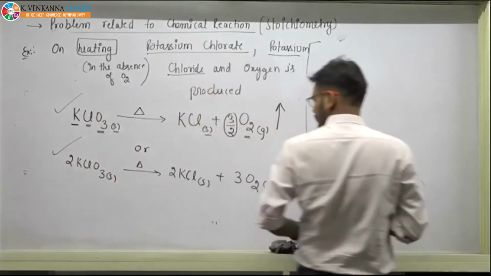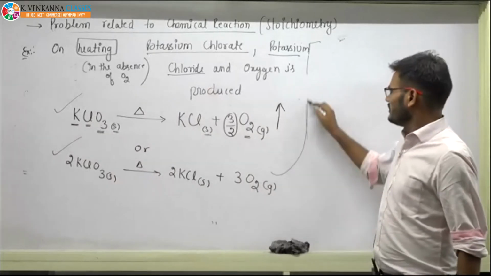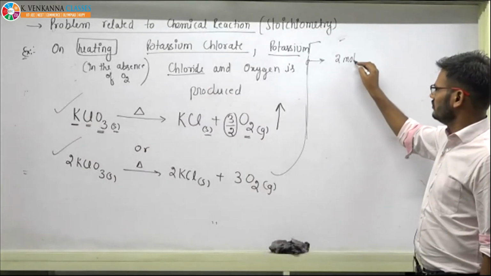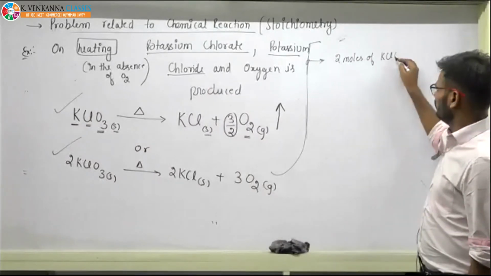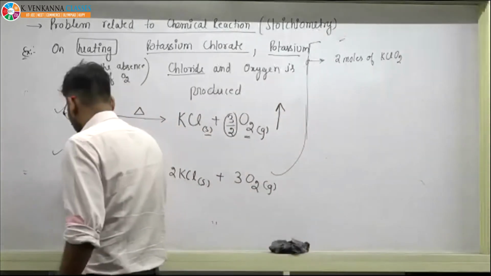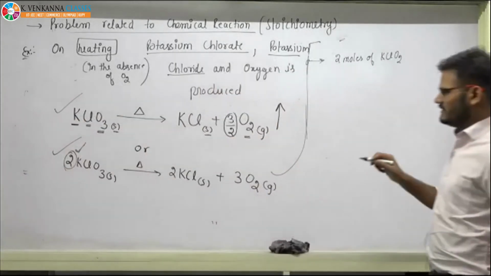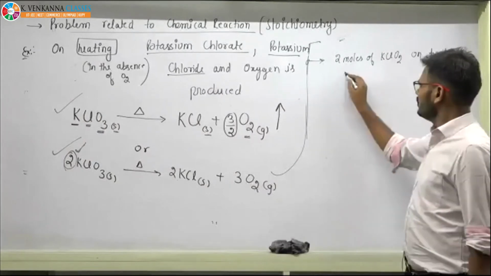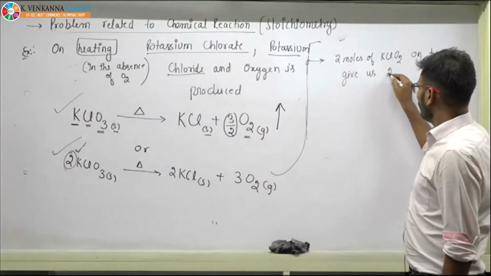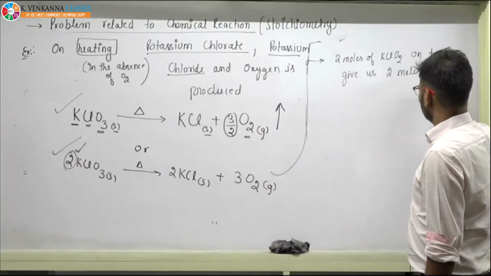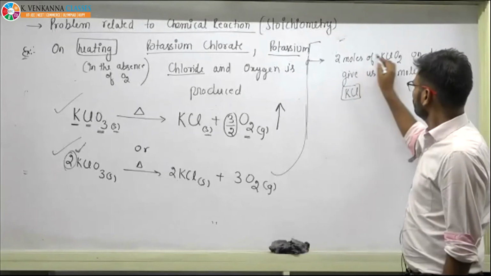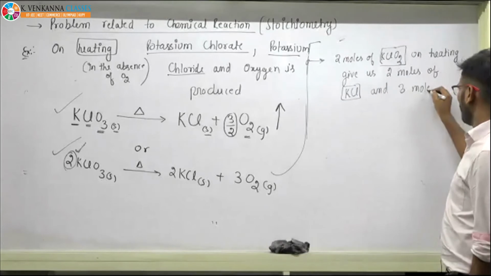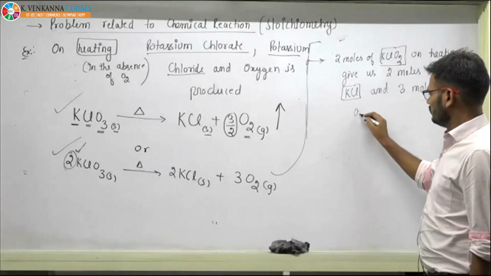Now this equation gives us some information: that 2 moles of KClO3, you see, this represents the moles, 2 moles of KClO3 on heating give us 2 moles of KCl and 3 moles of oxygen.